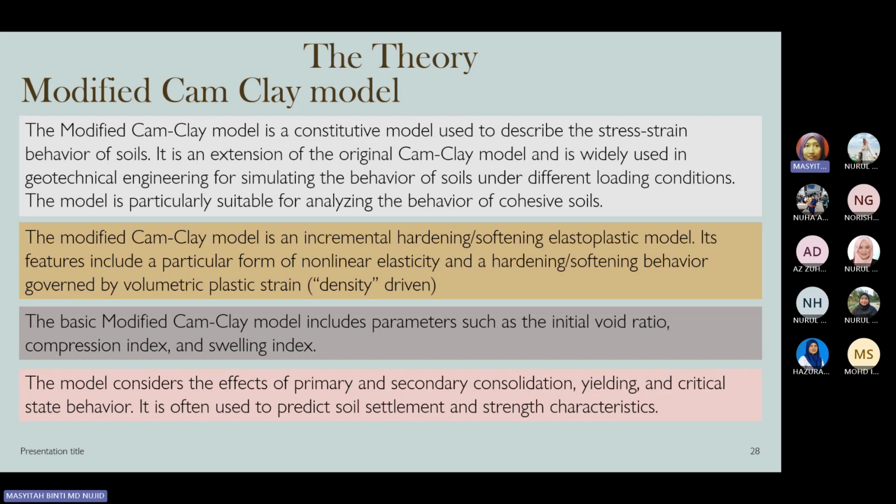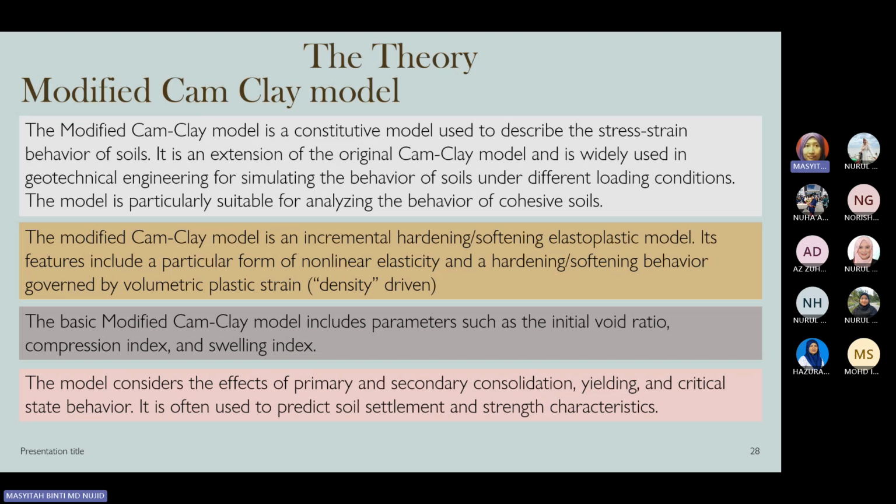The model here, modified Cam-clay, considers the effect of primary and secondary consolidation, yielding, and critical state behavior. It is often used to predict soil settlement and strength characteristics. This is why, mostly when we have a clay soil, we want to estimate how long it will take to settle and how long the consolidation will take to be completed.